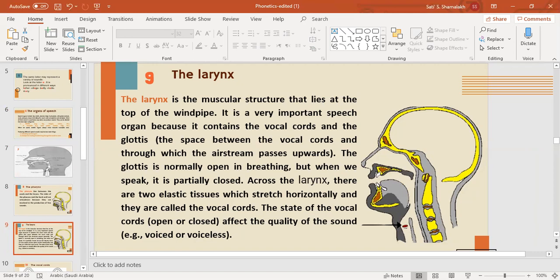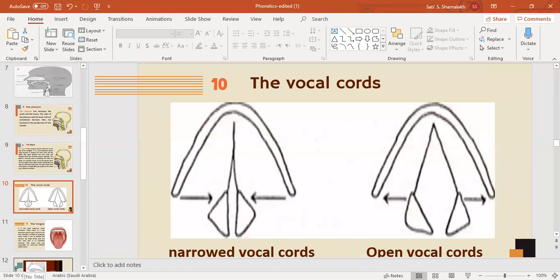Okay. Here is the shape of the vocal cords. When they are narrowed, look here. On the left, they are narrowed, and on the right, they are open.